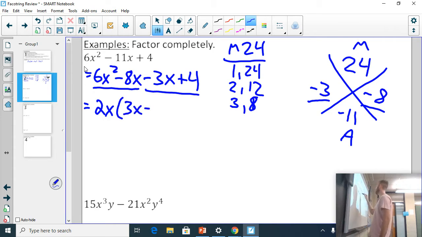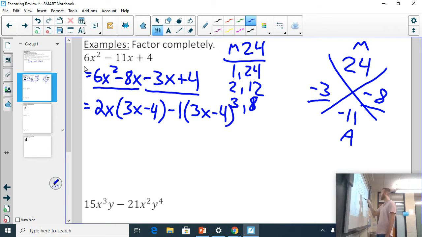minus 4. And this one's a little tricky because we have another negative here, right? I can't take anything out of 3x and 4, but I don't want this to be negative, so I'm going to take out a negative 1, and that's going to leave me with a 3x. And then once I take out a negative, that's going to be minus 4, right?